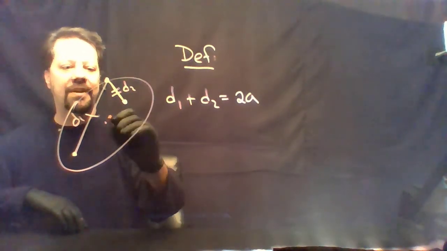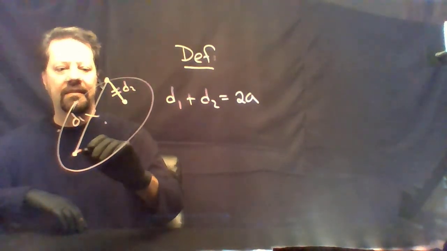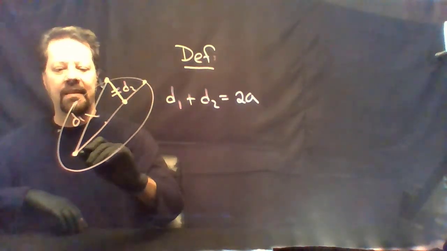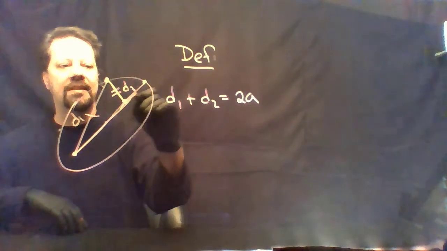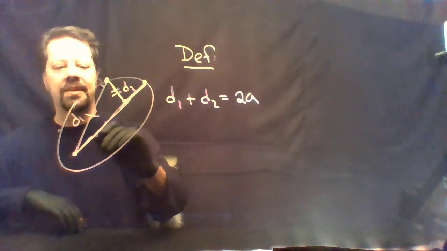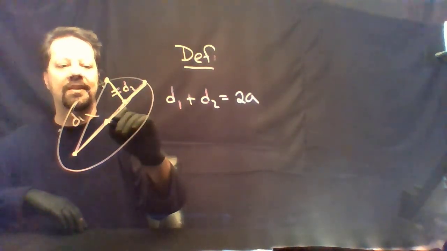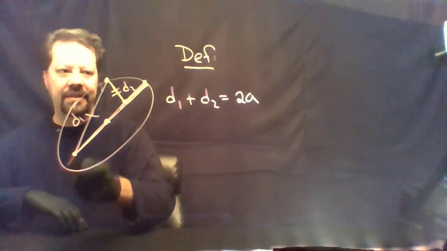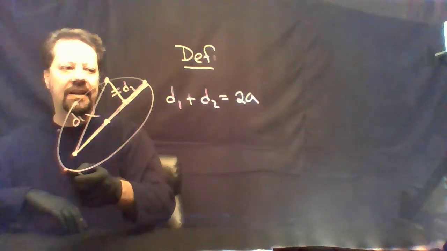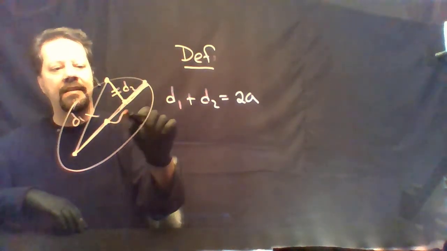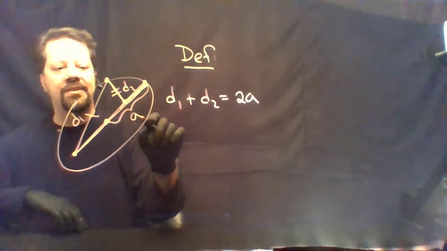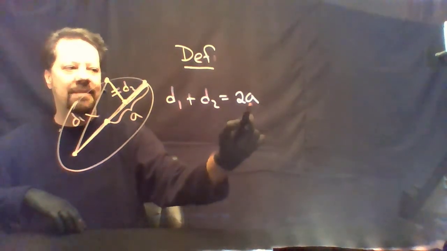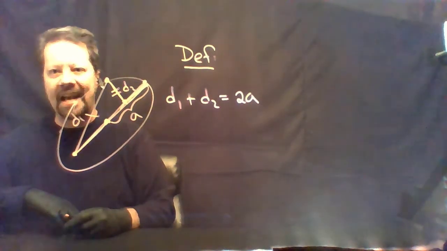You can see that if we choose our point to be on one of the vertices, this distance is most of the distance across this major axis, and then the distance back would give you this distance on the other side. If we define half the major axis to have length a, then the sum of these must be equal to the length of the major axis.